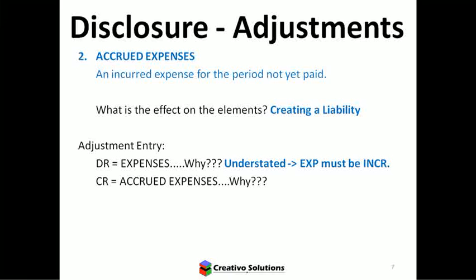Why do I credit the accrued expense? Well, that's according to the definition of a liability. A liability is being created. I know I've used something that I haven't paid for yet for the last 12 months. So that 1 month that we spoke about that hasn't been paid must be recognized as a liability, and therefore I will credit that accrued expense.